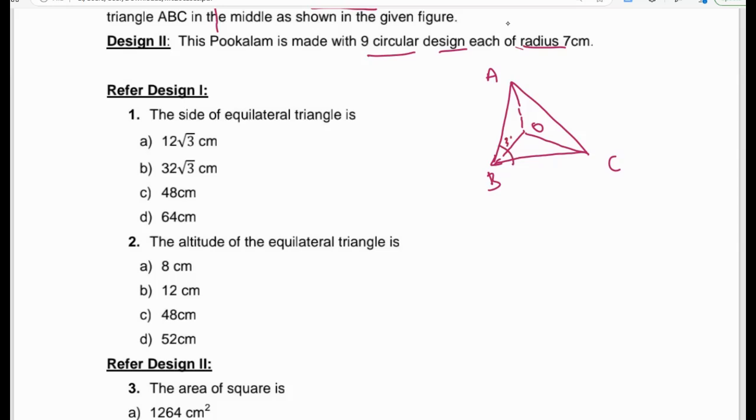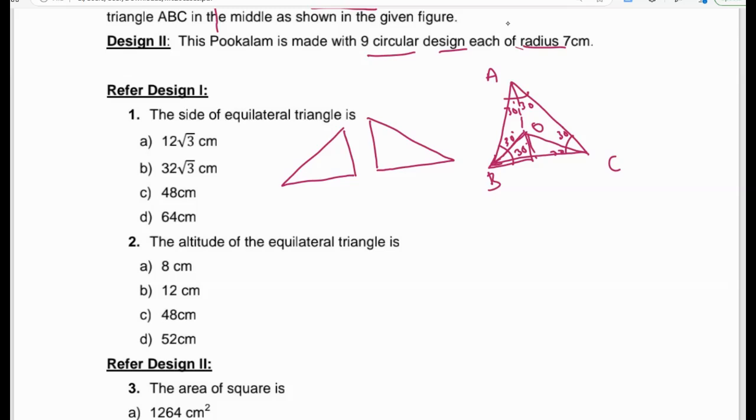If you divide it, it will be 30 degrees each. Now if I take a part of this, that will be a right angle triangle. In a right angle triangle, we can take whichever side we want, this side or this area we are going to take.